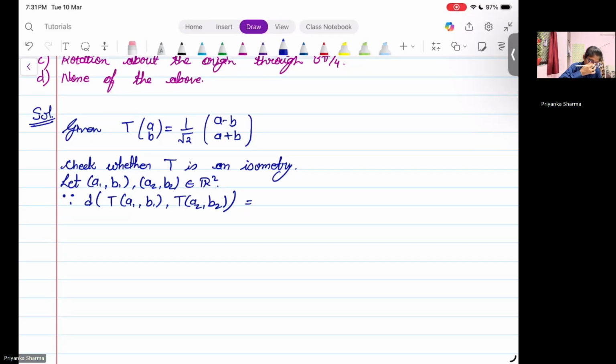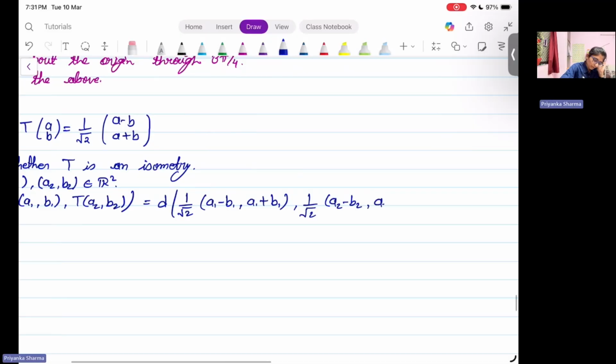This will be the distance between 1 by root 2 times (A1 minus B1, A1 plus B1) and 1 by root 2 times (A2 minus B2, A2 plus B2), written in row form.